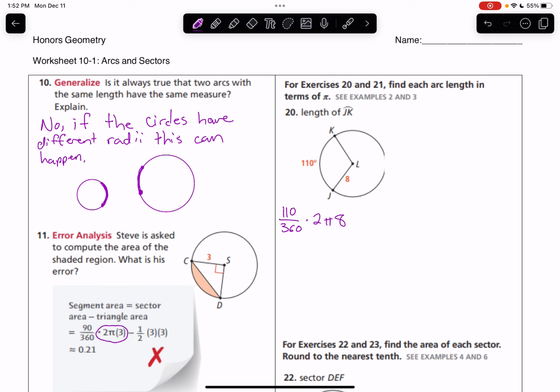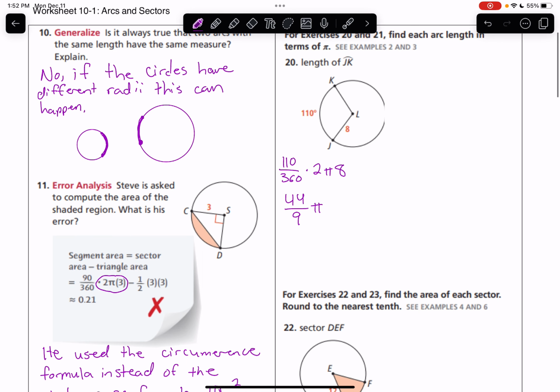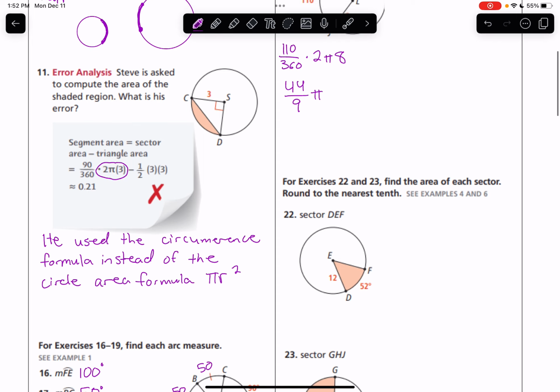So when we solve this, I would do 2 times 8, which is 16. 16 times 110 over 360. We can do all of that multiplication and division together, and it all simplifies down to 44/9 pi, right? You could also write 44 pi over 9, and that would be the same idea. You could also write that in decimal form, the decimal equivalent of 44/9 pi.